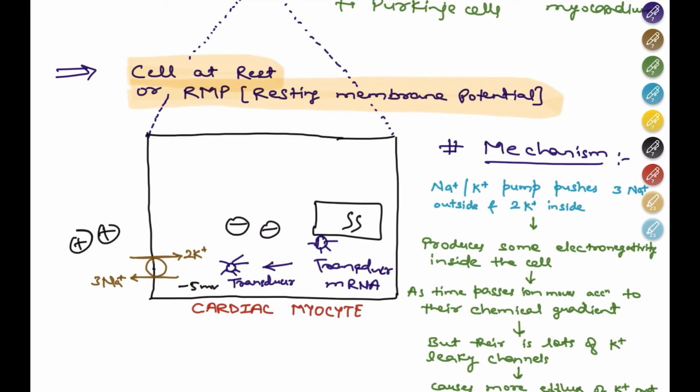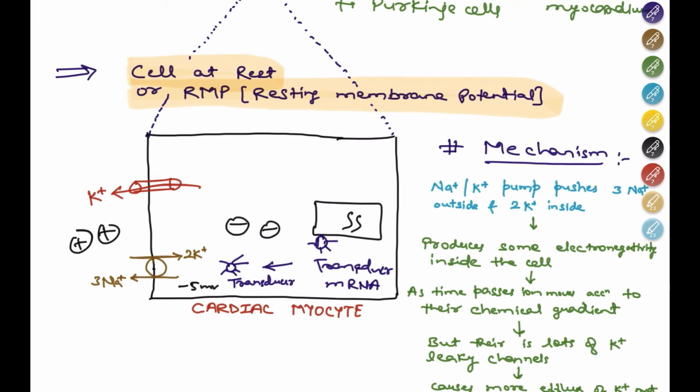So there is more ion exchange between inside and outside. There are potassium leaky channels, which leak potassium outside, and there is also sodium inside. As the sodium channels also open, sodium and potassium also move across.